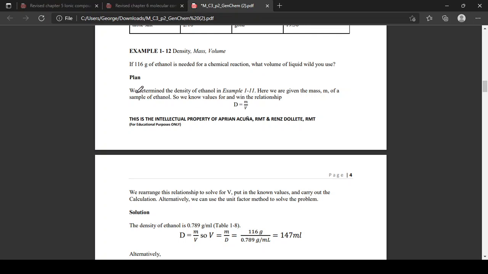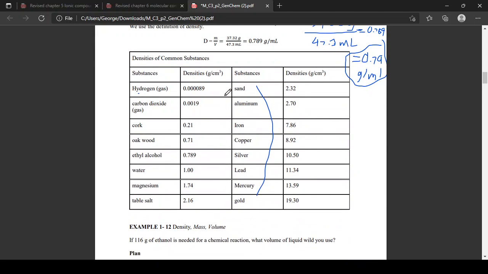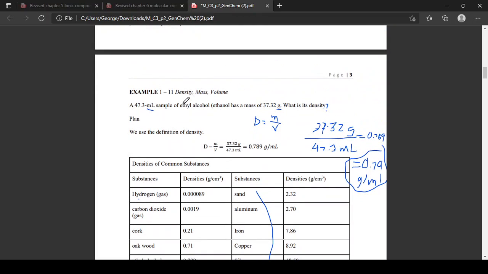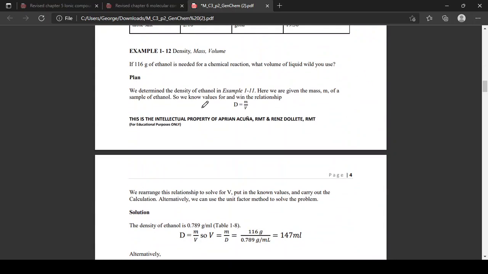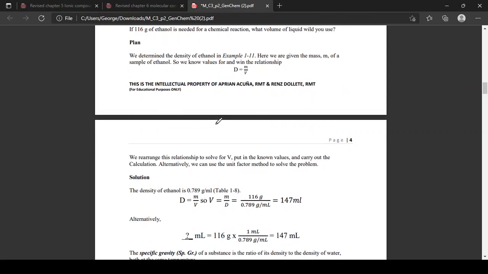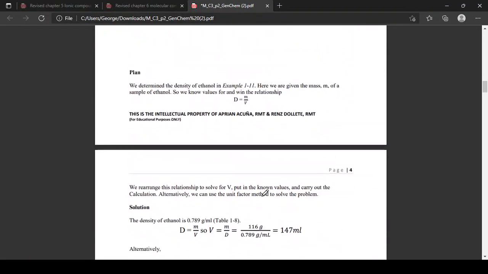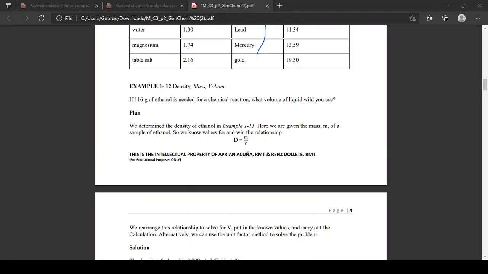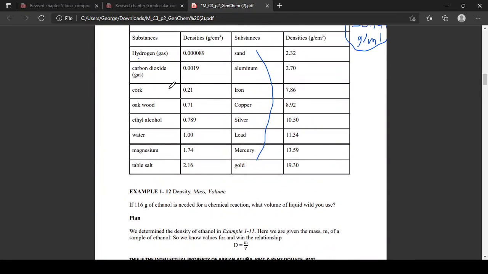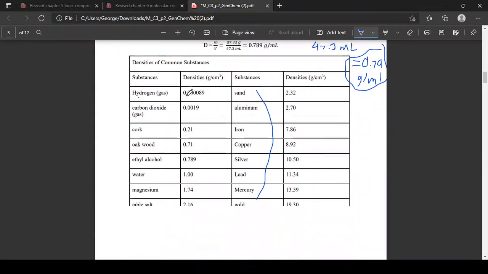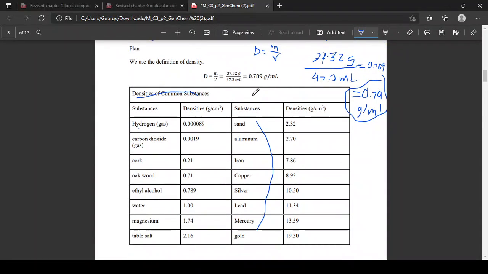So kids, we determine the density of ethanol from the table of densities of common substances.